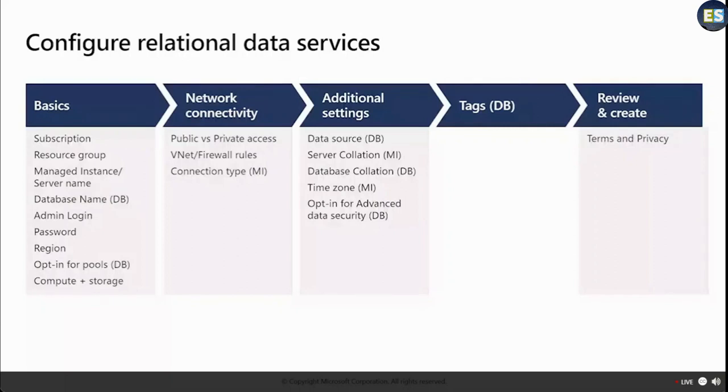In the compute and storage parts, you need to specify the compute, storage, and backup configurations for your new server. Typically, this is bundled up into what's called DTUs, or database transaction units. For the pricing tier, there's typically 3 pricing tiers you can choose from.